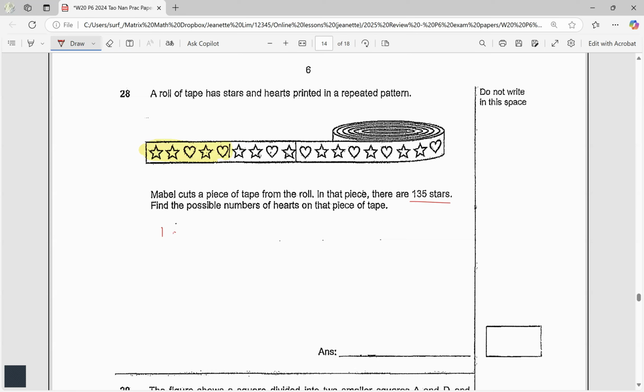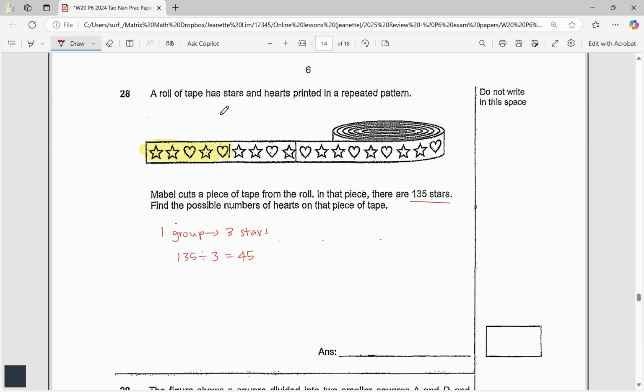One group will be 3 stars, based on how the pattern is repeating. So if there are 135 stars, and I divide it by 3, I'll get 45 groups.